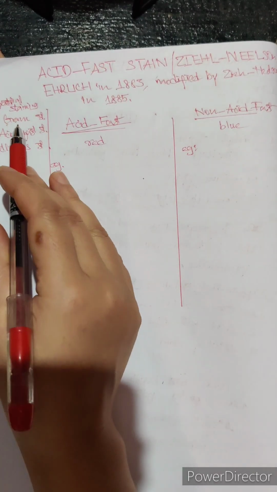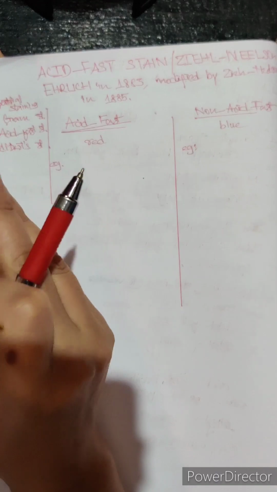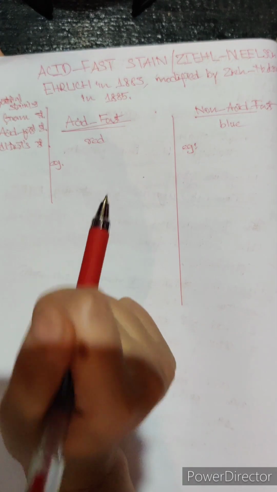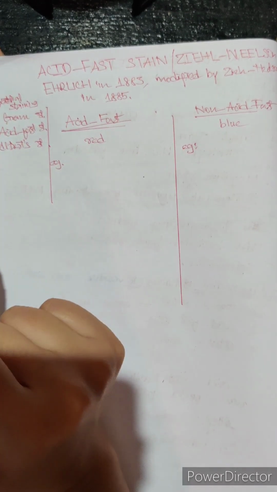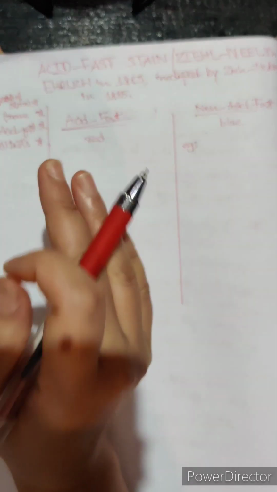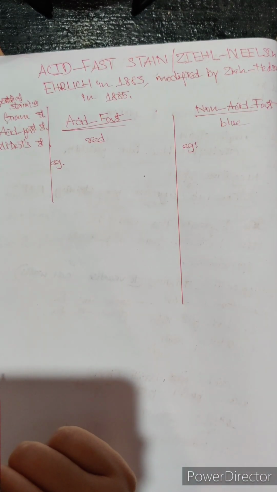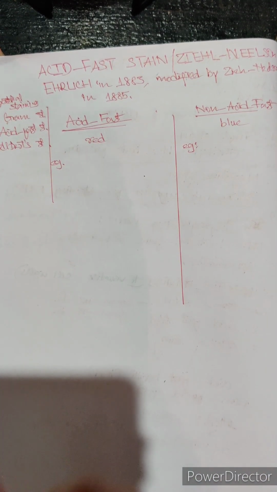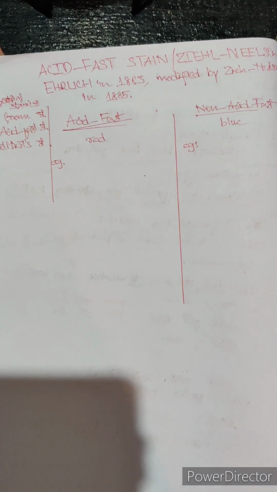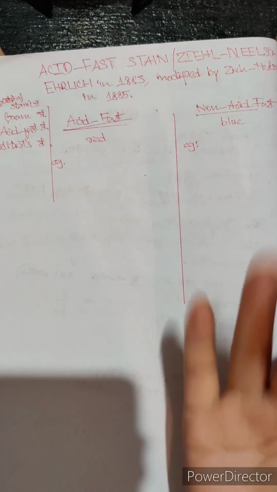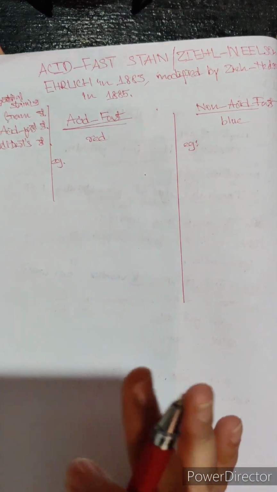The Gram stain distinguishes Gram positive bacteria from Gram negative bacteria. In the same way, the acid fast stain divides acid fast bacteria from non-acid fast bacteria. So basically the concept of both stains is the same.